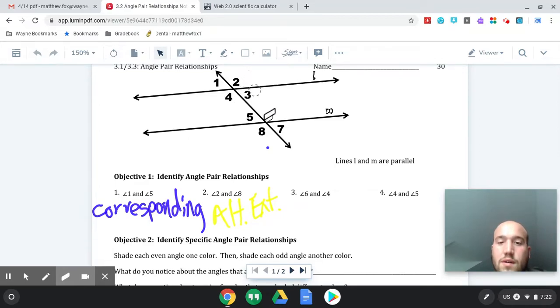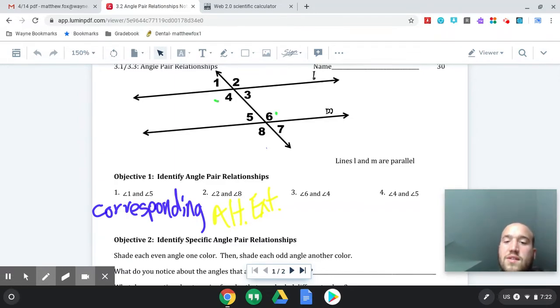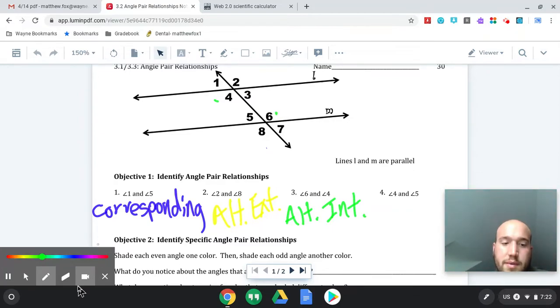Okay, so now our next one. For this one, we're worried about angles 6 and 4. Now 6 and 4, they're on the inside, so that's interior, and they're also alternate. There's ones on each side. So alt, ALT for alternate interior. Okay, and then our final one up here, we're trying to identify what the relationship is between 4 and 5.